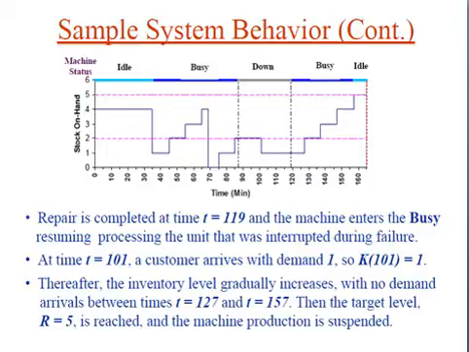At that time t is equal to 157, the machine will stop producing any more further units. So the simulation run finally terminates at time t is equal to 165.